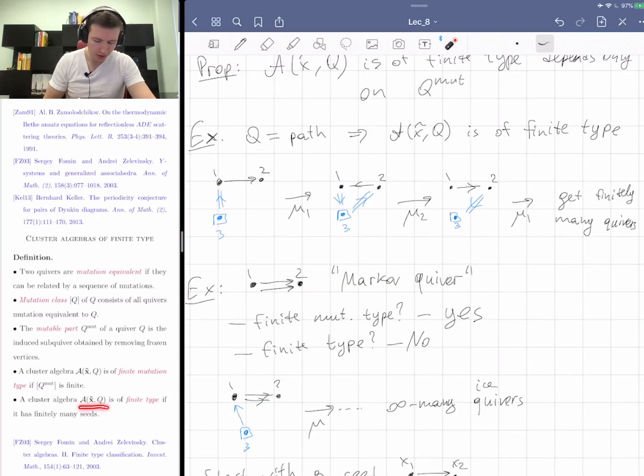I'm allowed to fix a cluster algebra. When I fix the cluster algebra, I just fix one of the seeds, the initial one. But then the definition is asking whether, as I keep mutating, do I get infinitely many things or finitely many things?